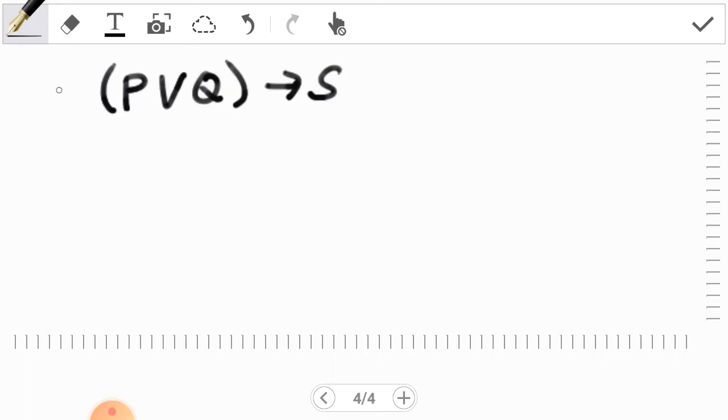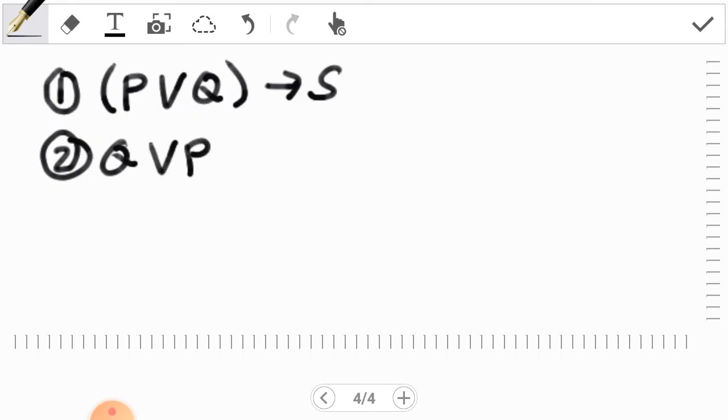Another example for today. Let's say we have P or Q implies S. This will now be premise number 1. Premise number 2, Q or P. And then we still have a third premise.